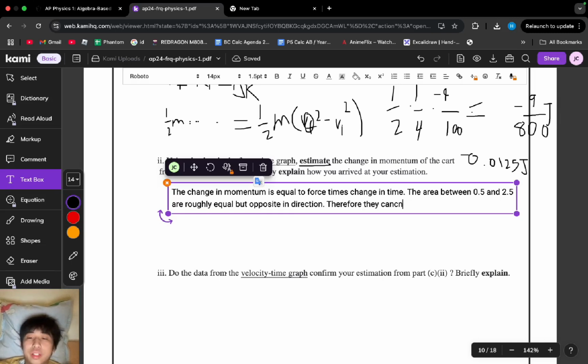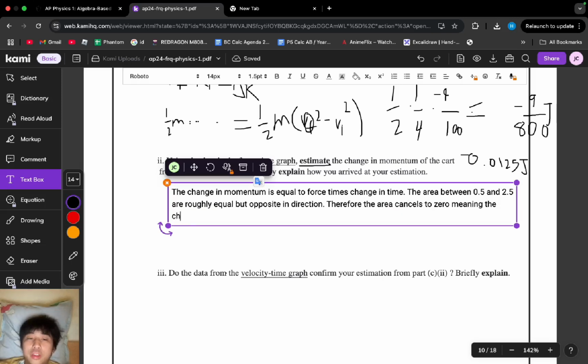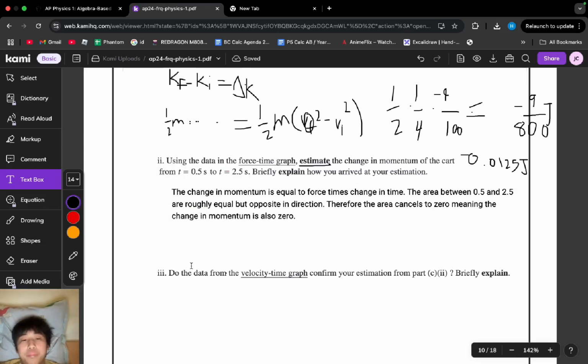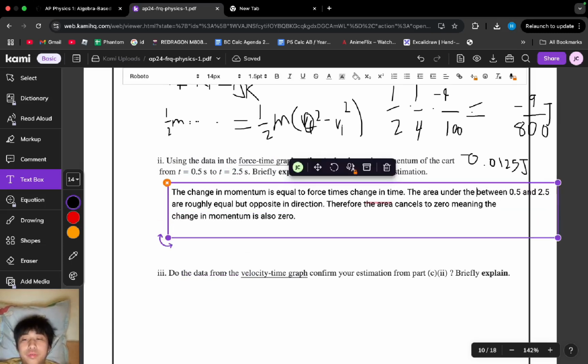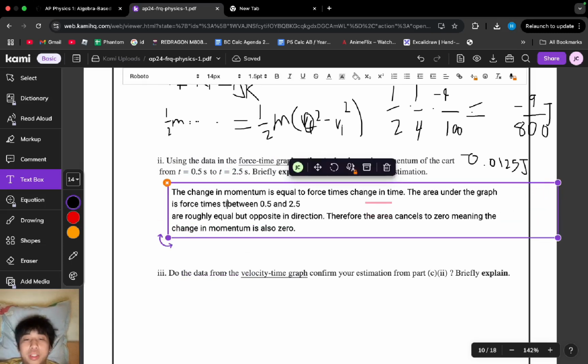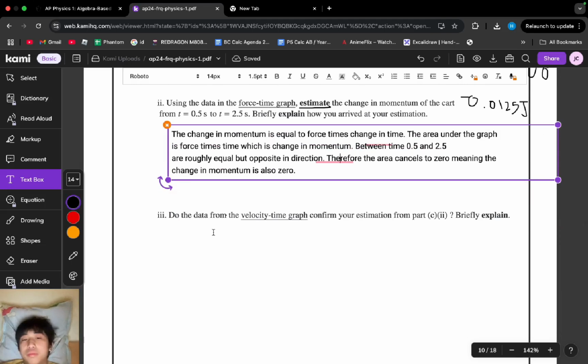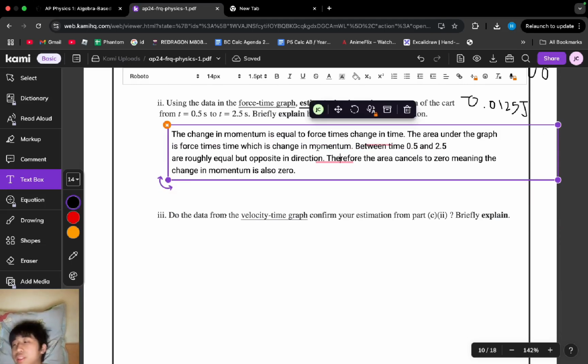Therefore, they cancel out to 0, meaning the change in momentum is also 0. Like I say, the area under the graph is force times time, which is change in momentum. There you go. It does say briefly, so you probably want to condense that to like 2 sentences.